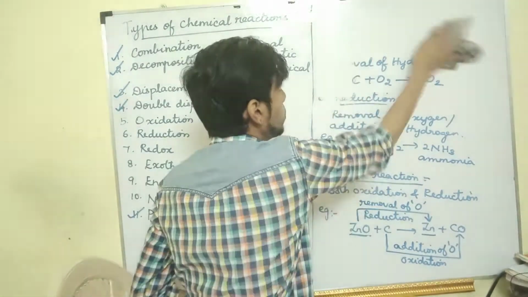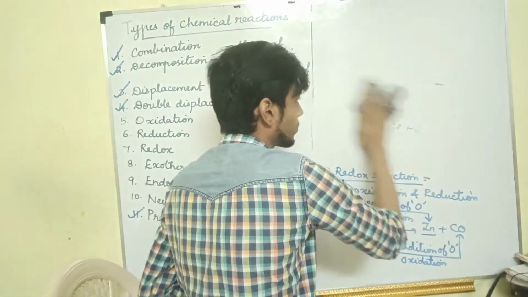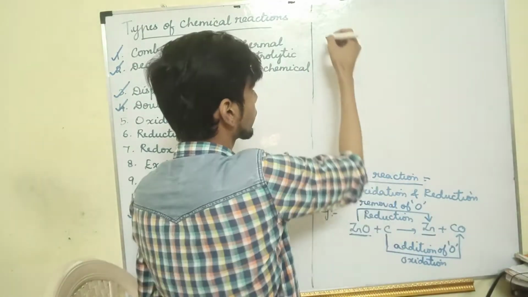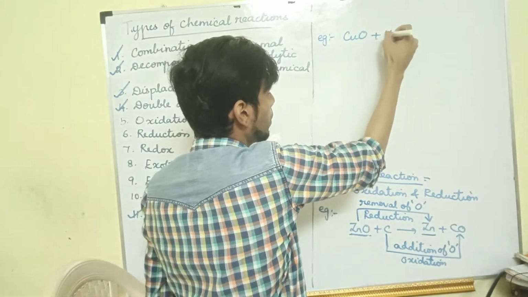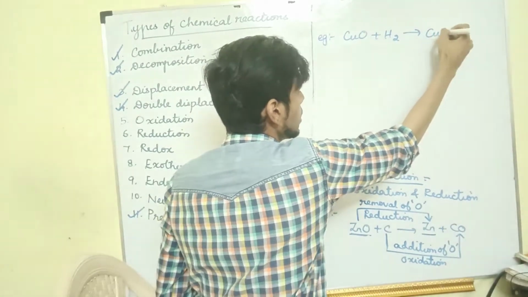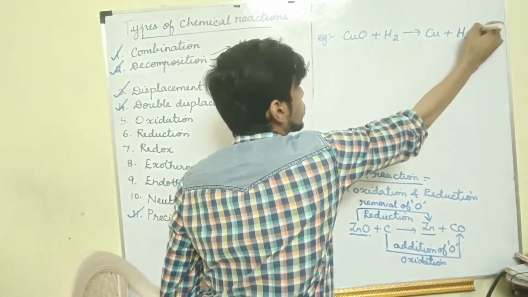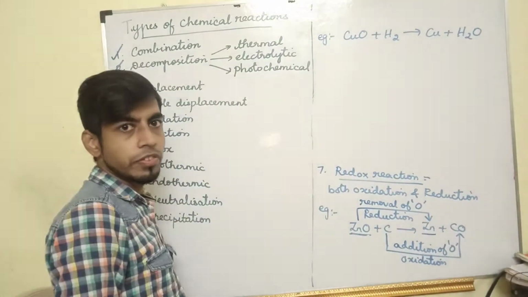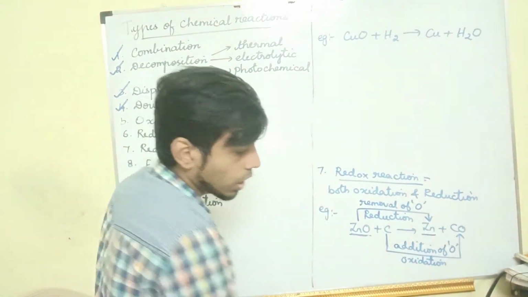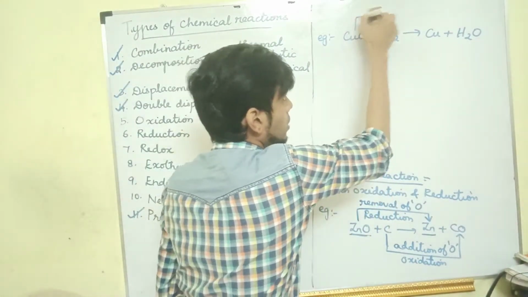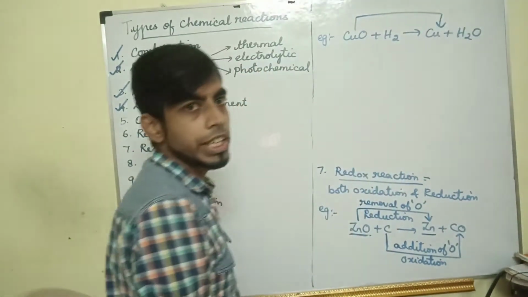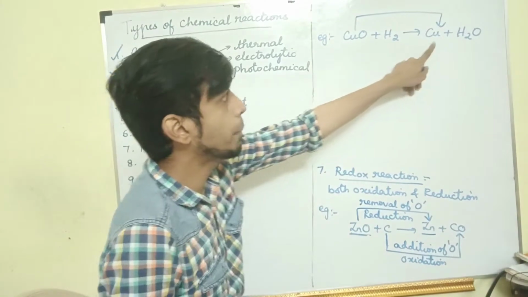Okay. So one more example we will see. CuO plus H2 gives Cu plus H2O. Now here you can see CuO is converted into Cu. Here what is happening?